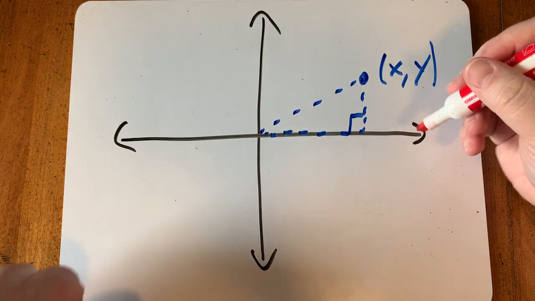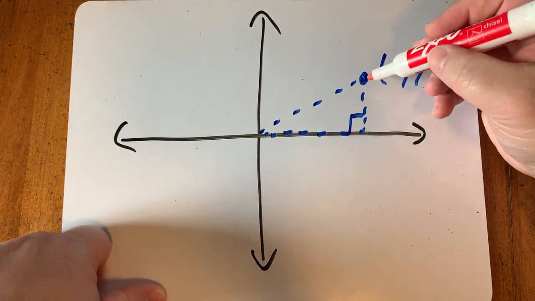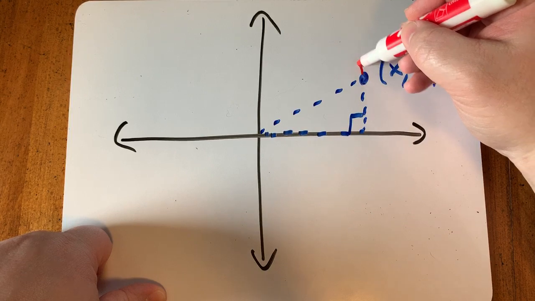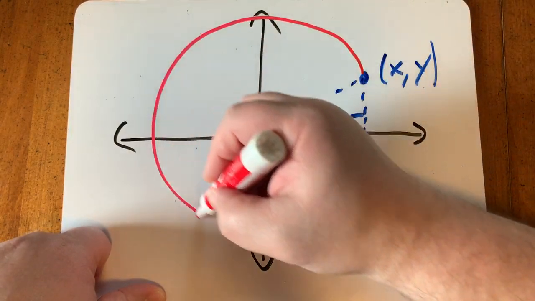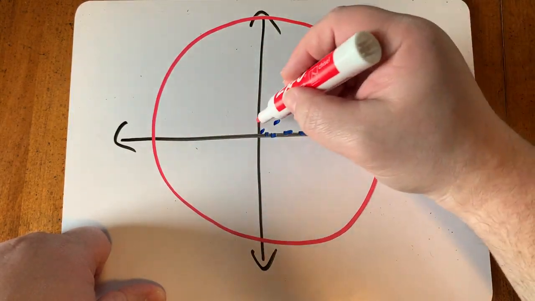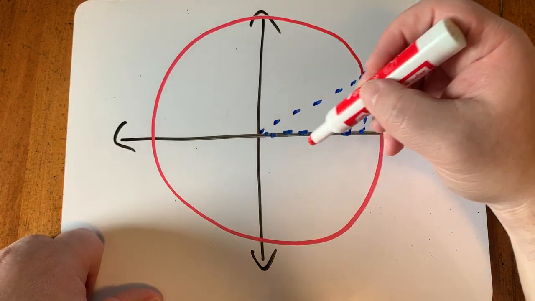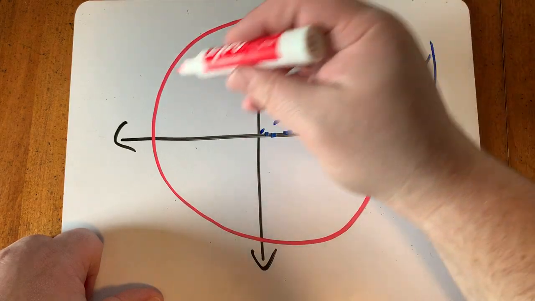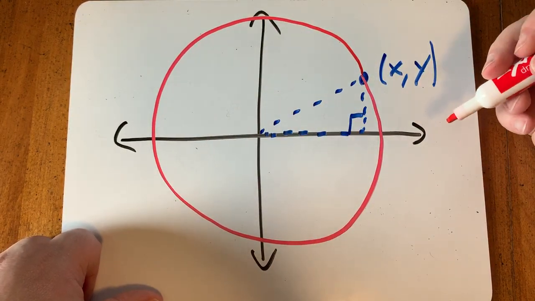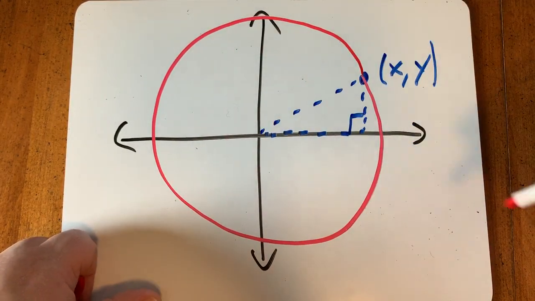Now, if you want to rotate this about the origin, it's going to be somewhere on the circle with that radius. Because if you're rotating it about the origin, it's going to be equidistant from the origin, regardless where you rotate it to. And imagine that circle's not terrible.